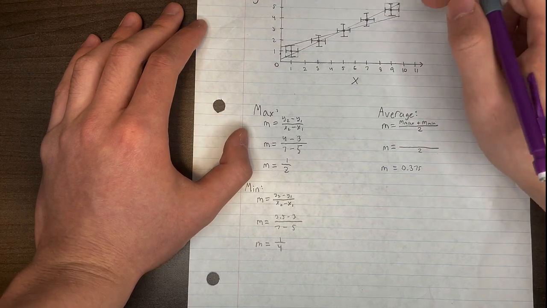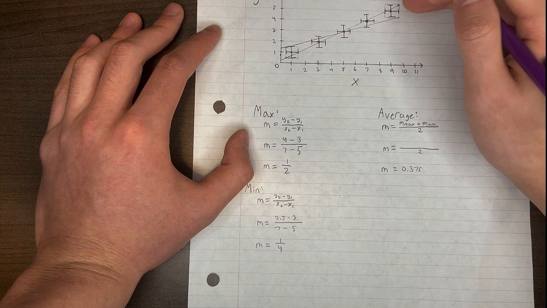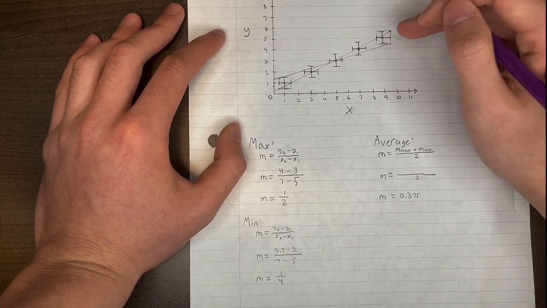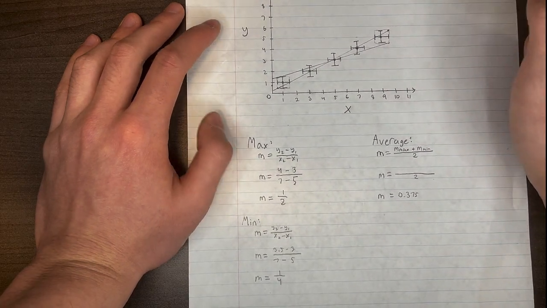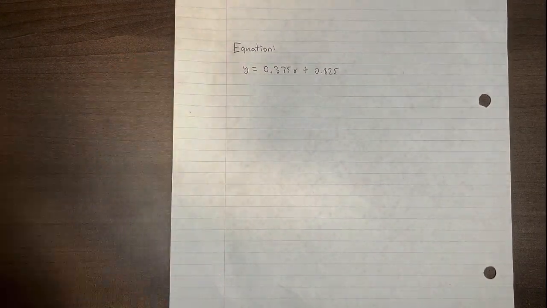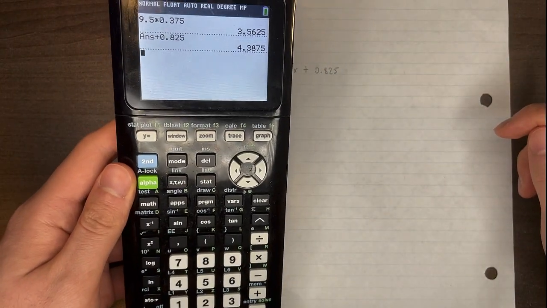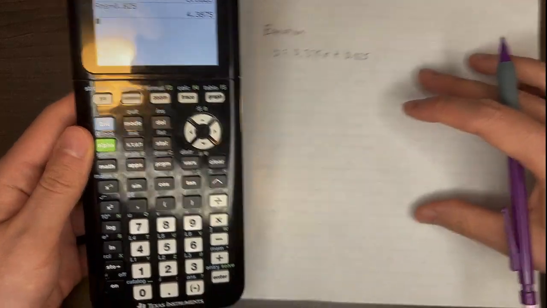So we can see that our max and min lines of best fit end at somewhere around 9.5, and so we can just plug in 9.5 into our average line of best fit equation, and we get a value of 4.3875.